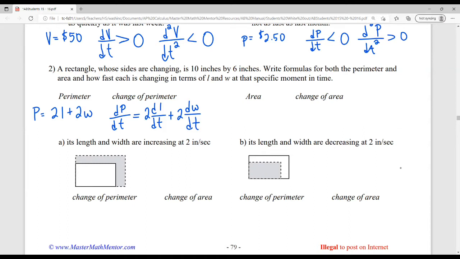All right, for the area, we know the area of a rectangle is equal to the length times the width. And to change the area, we're going to use implicit differentiation to take that derivative, and we're going to have to use product rule this time.